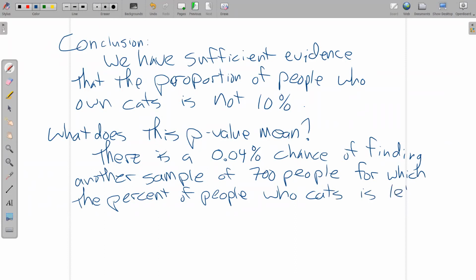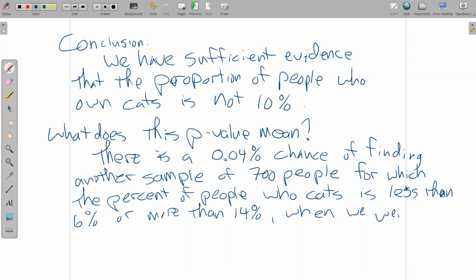is either less than that 6%, or it could be more than 14%, that reflection, when we were expecting to find about 10%. And that's that null hypothesis in the middle.